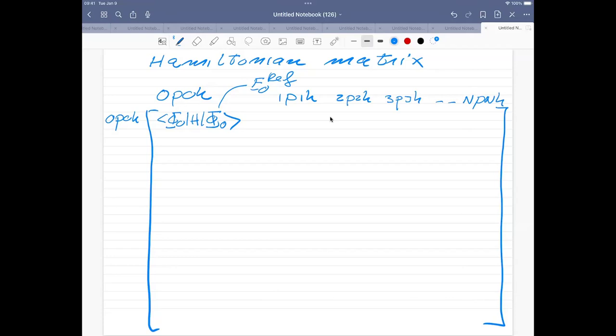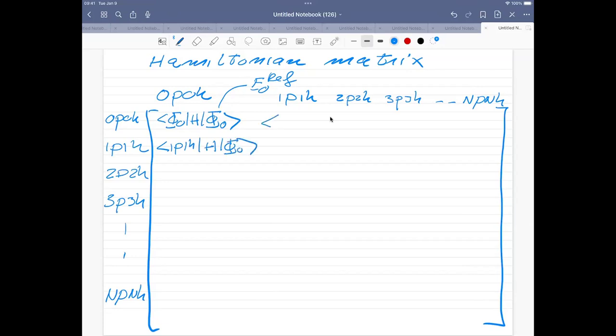Then we obviously have the same blocks down here, 2 particle, 2 hole, 3 particle, 3 hole. This should be 3. And this goes all the way down to n particle, n hole. And here we would then have the matrix elements which link the 1 particle, 1 hole with H and phi 0.